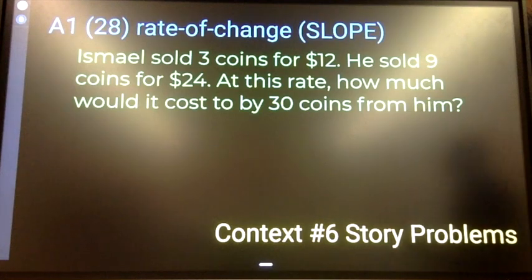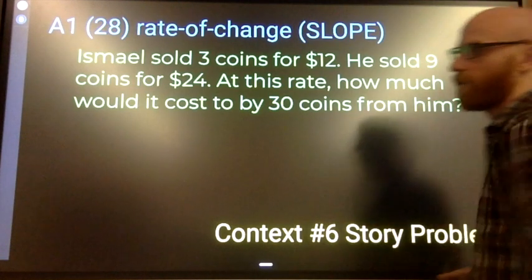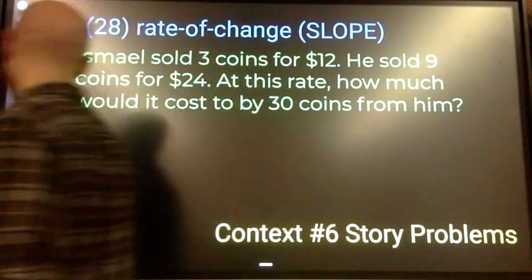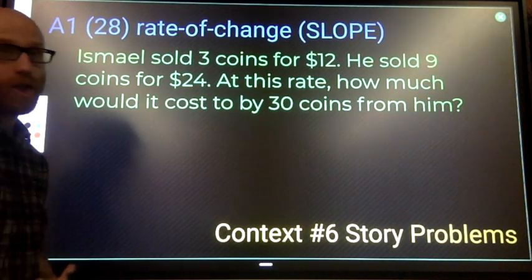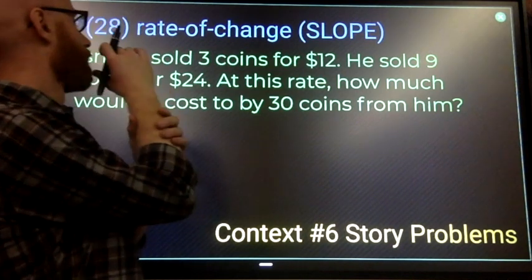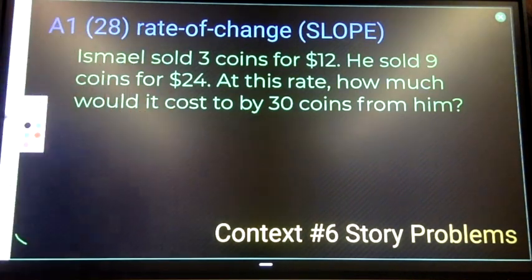And context number 6, my favorite context, story problems. Okay? Story problems. If you have a story problem and you're asked to find the rate of change or the slope, you should have 2 different things that are changing in value.